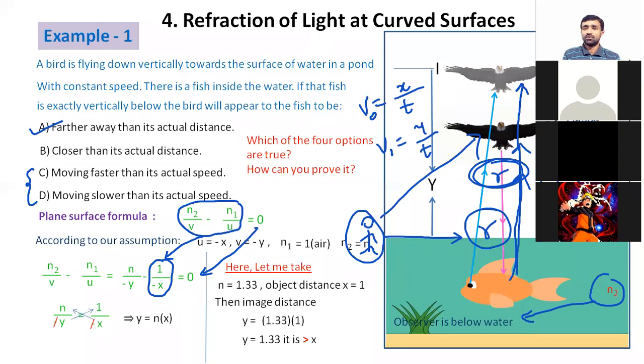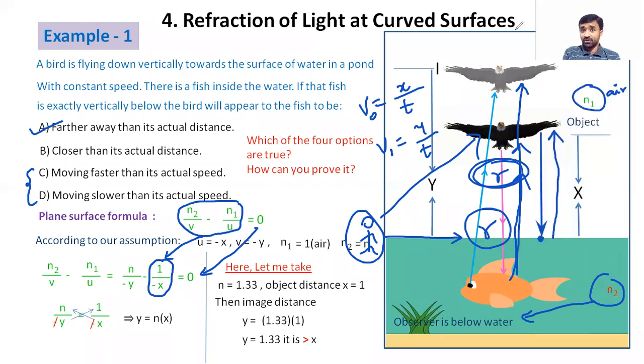The image also reaches the surface at the same time. So here it is the same: image and object reach the surface at the same time, but they cover different distances.